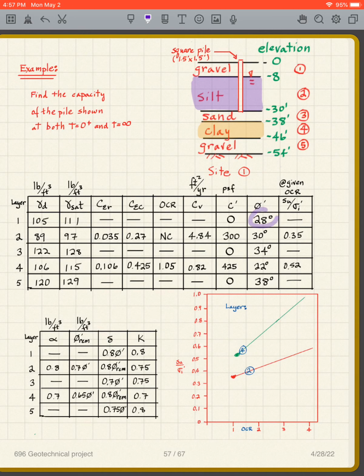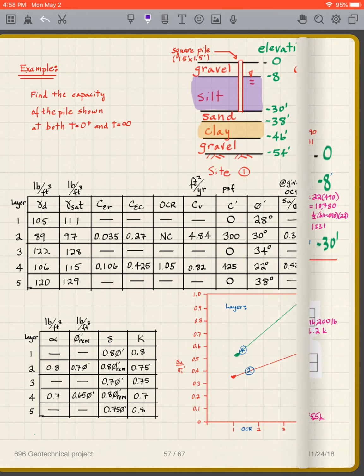The friction angle in the gravel is 28 degrees, but because the pile is smooth, the actual friction against soil to pile, gravel to pile, is going to be 0.8 times that. So I'm giving you this 0.8 here, and that gives me my delta.